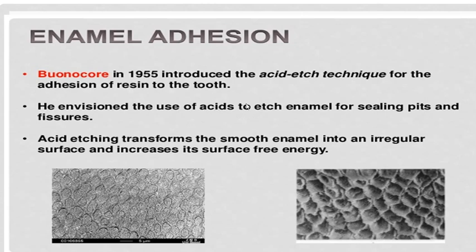So why do we use the acid etchant? Acid etching transforms the smooth enamel into an irregular surface, and increases its surface energy, or surface area, for bonding. Can you see here, this is how it looks under the microscope.